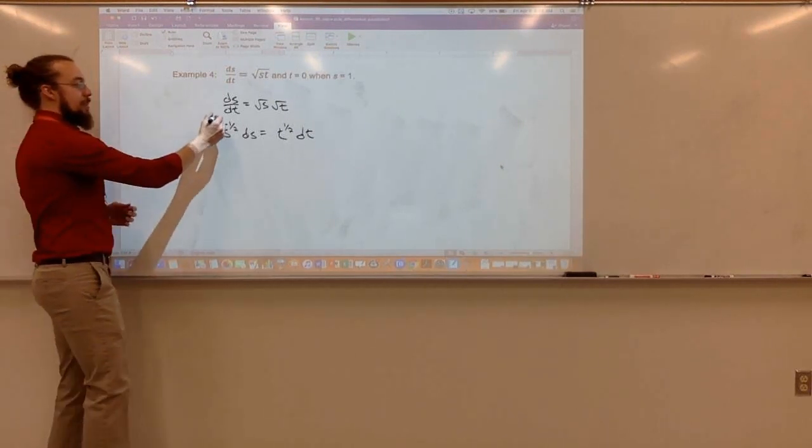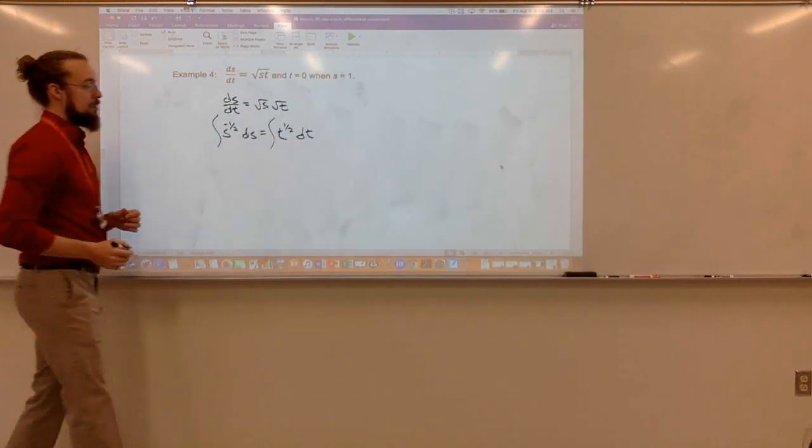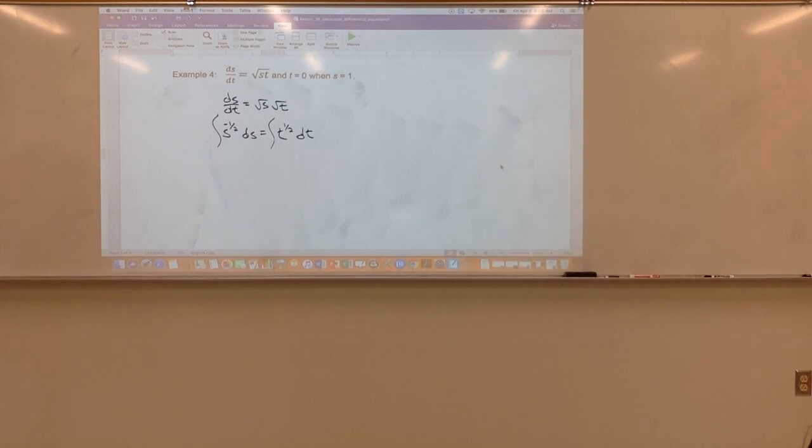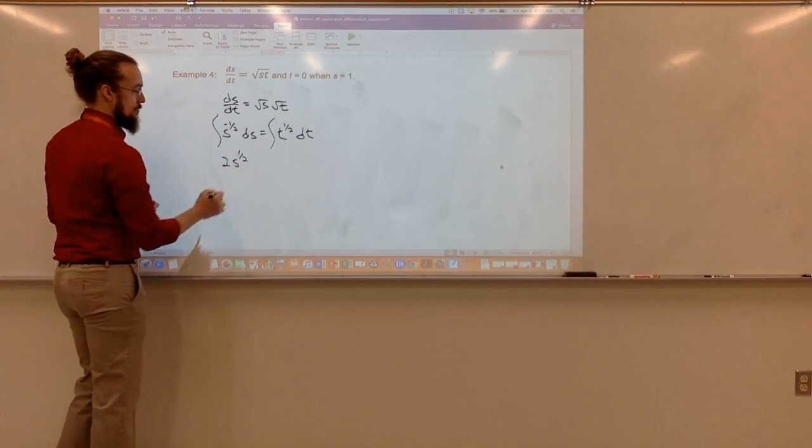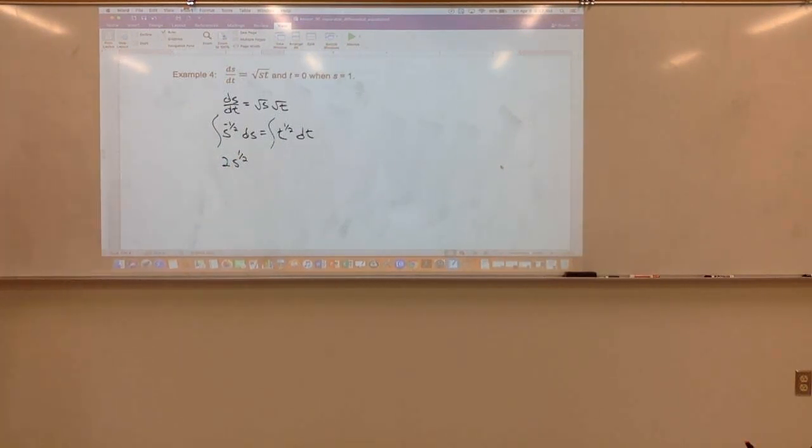So now, we take the antiderivative of both sides. What's the antiderivative of s to the negative 1/2? That equals 2 t.